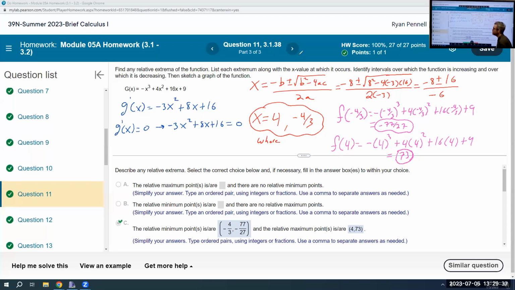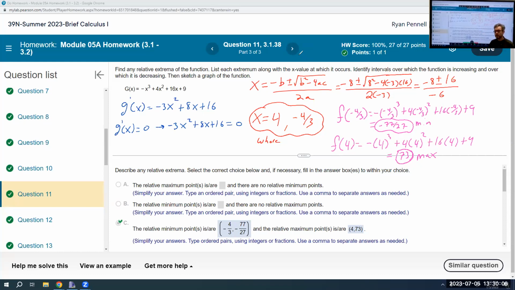So this tells you what the extremes are. That's the relative minimum and the relative maximum. This is the max, this is the min, relative. So what are you doing? You're finding the top of the hill, the bottom of the hill.